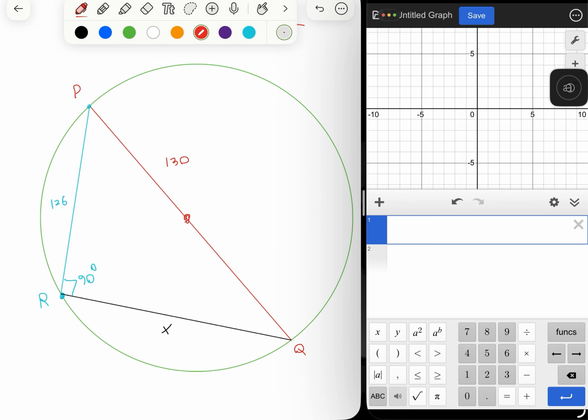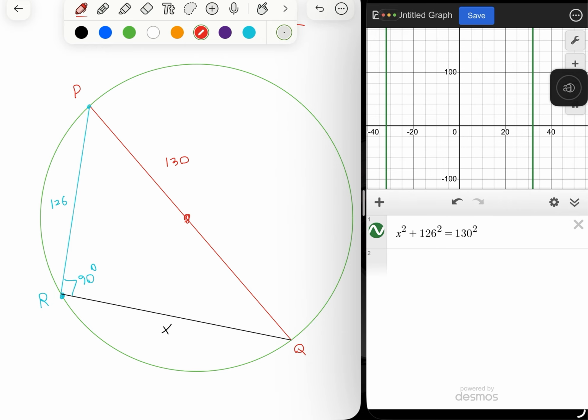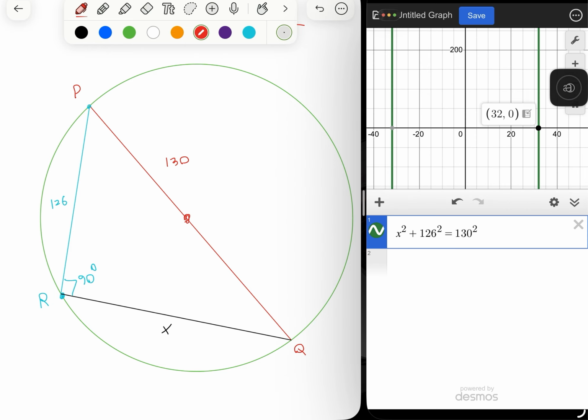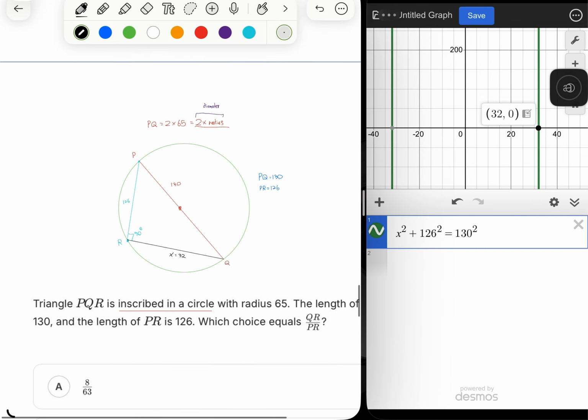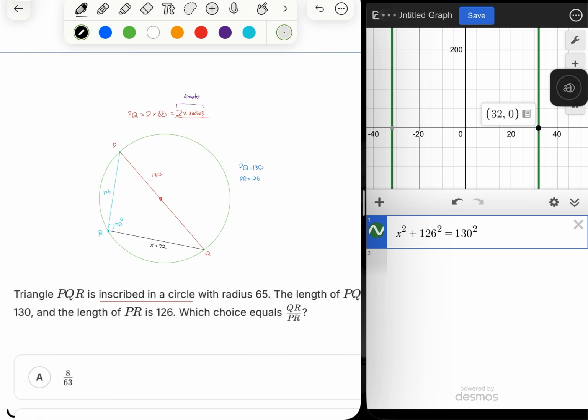So you have x squared plus 126 squared equals 130 squared. And of course, we look at the positive solution: x equals 32.